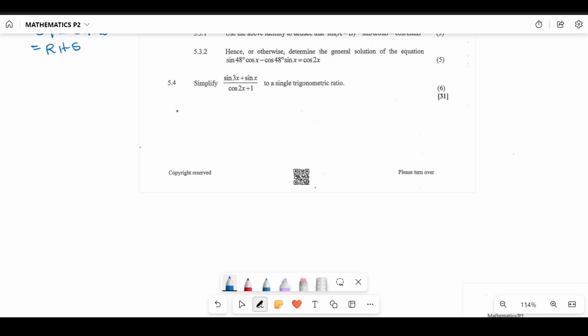Okay, let's go to 5.4. Simplify this to a single trigonometric ratio.